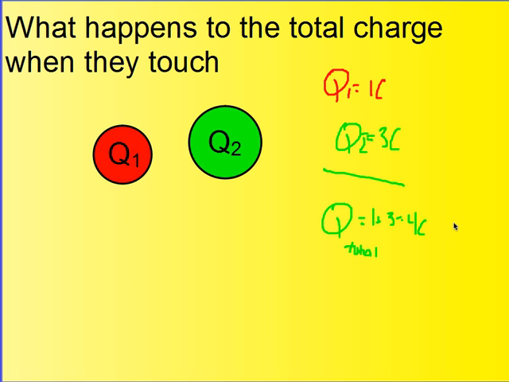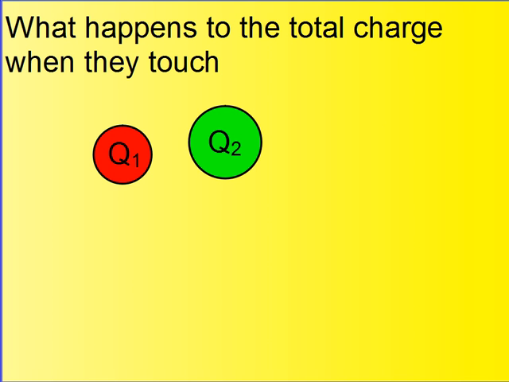Kind of cool. Let's try one where one is positive and one is negative. Say Q1 is negative 3 coulombs. Let's try that again. Negative 3 coulombs.